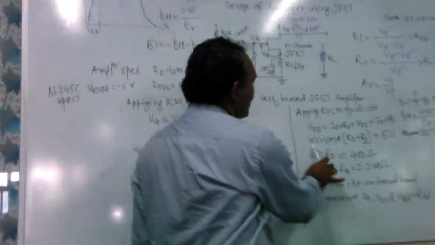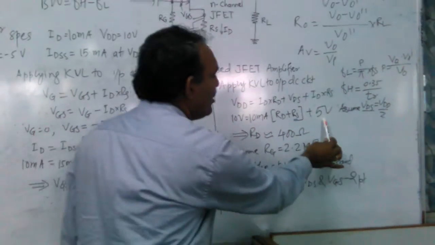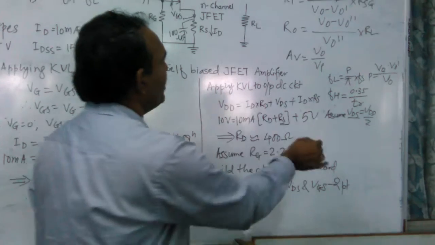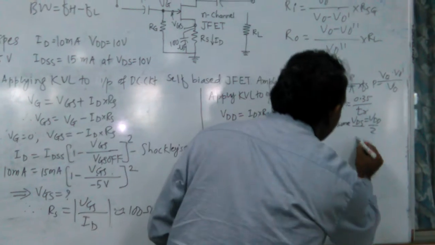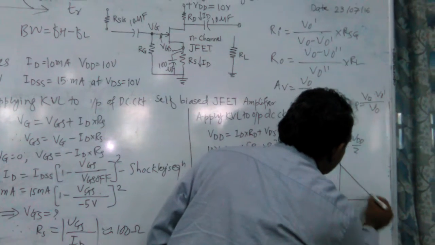VDD has been given as 10 volt, ID is 10 milliampere. Then assume VDS is equal to VDD by 2, as for an amplifier, that is 5 volt, which will make your DC operating point be in the center of the DC load line.